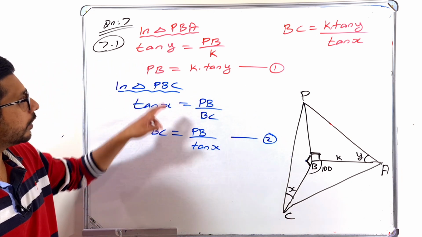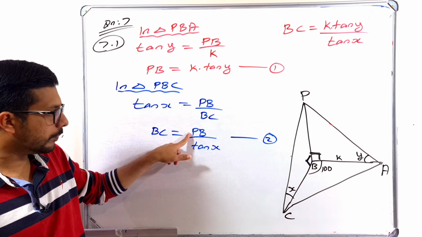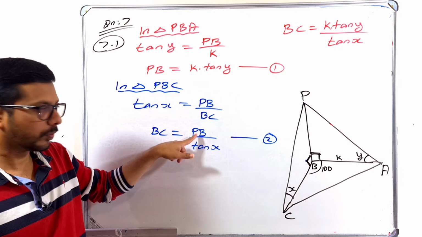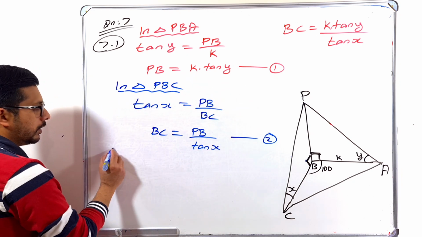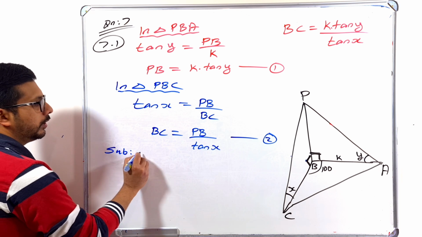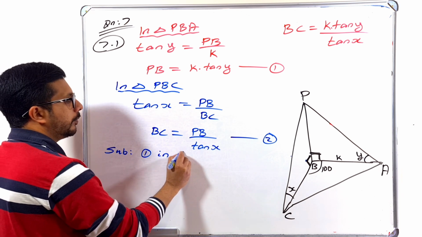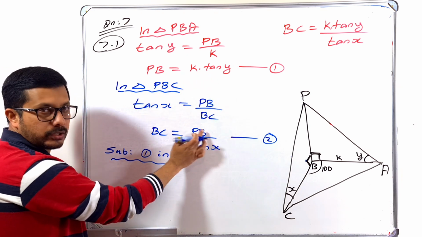So now look at this one, PB is equal to K tan y, so we can substitute this PB as K tan y. Substitute equation number 1 in equation number 2. So I'm going to substitute this one here instead of this PB.